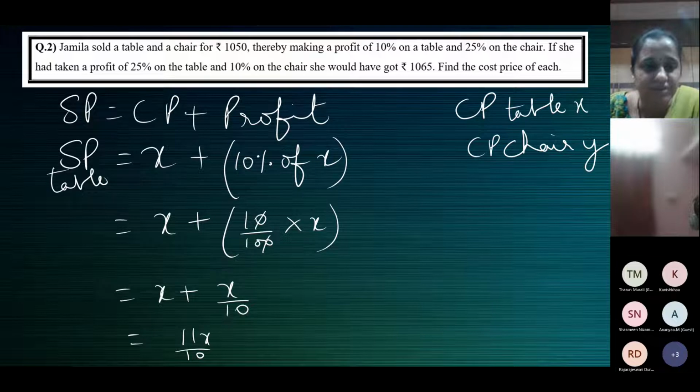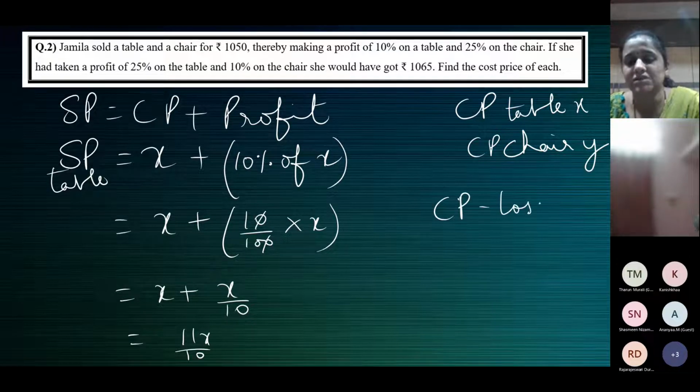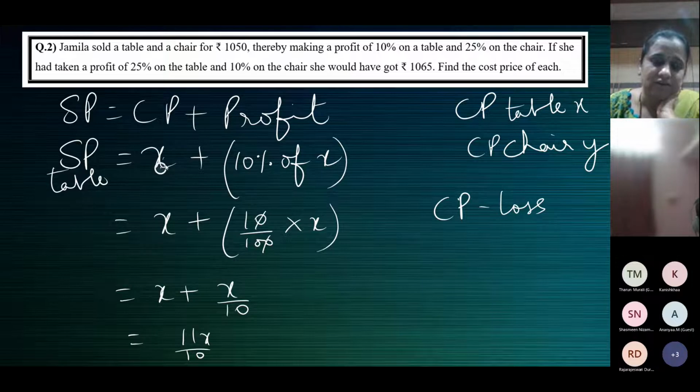Remember, selling price is CP plus profit. In case of loss, it is the cost price minus loss. So CP of the table is X. The profit on selling the table is 10%. 10% of what?